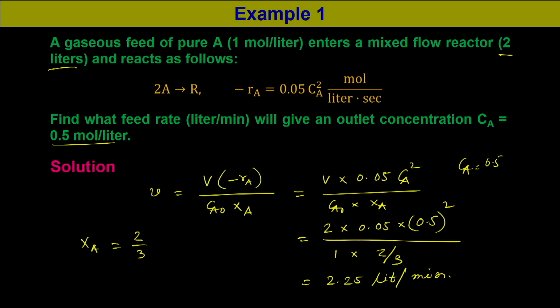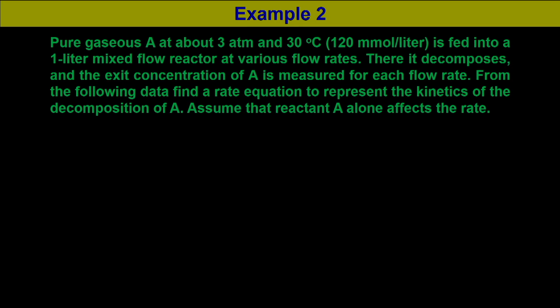Let us take another example to calculate the kinetics of the reaction in a CSTR. A pure gas A at about 3 atmosphere and 30 degree centigrade, 120 millimole per liter is the feed concentration, is fed into a 1 liter mixed flow reactor at various flow rates.